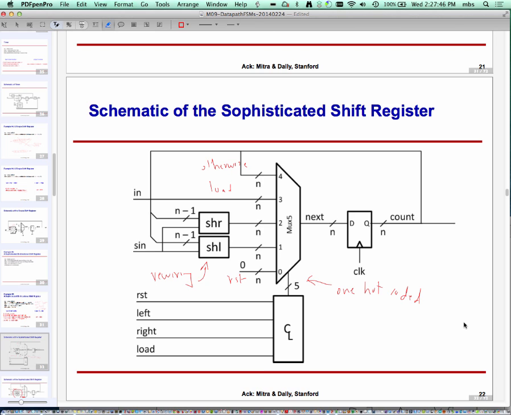This time around it's the same story. A lot of these systems can basically be thought of in these terms: you think of a next state function and an output function written in terms of these arithmetic-type expressions, and then just map them into hardware using muxes and some combinational logic.